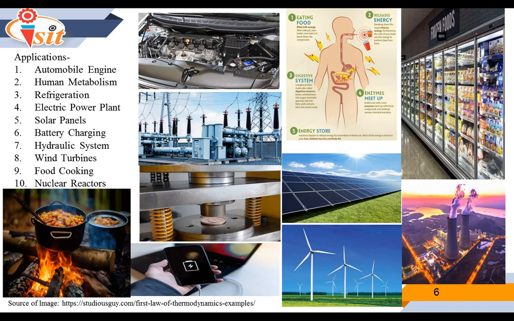The refrigerator's primary function is to maintain a cold environment within its insulated compartments, and it utilizes refrigeration cycles, which involve the coolant refrigerants that circulate through a system of coils and components. So this is one example of thermodynamics. Electric power plants, solar panels, and battery charging are different examples where the first law of thermodynamics is used.